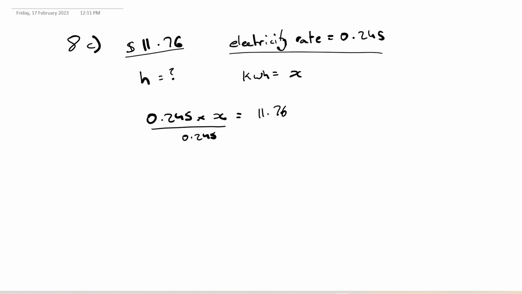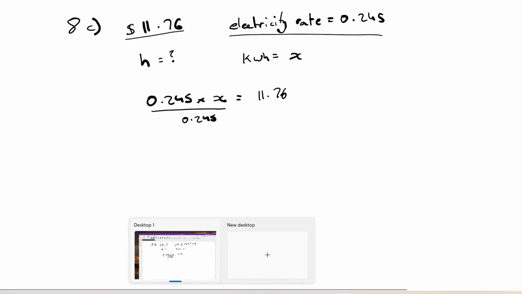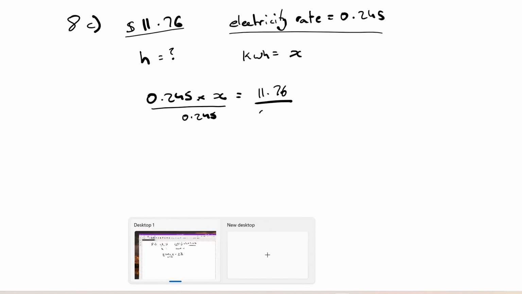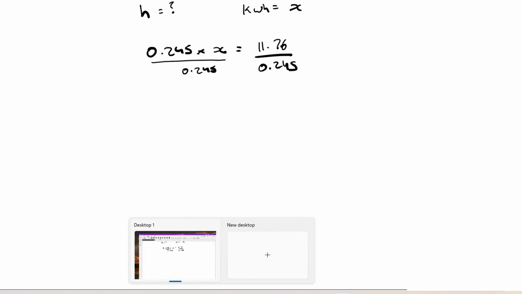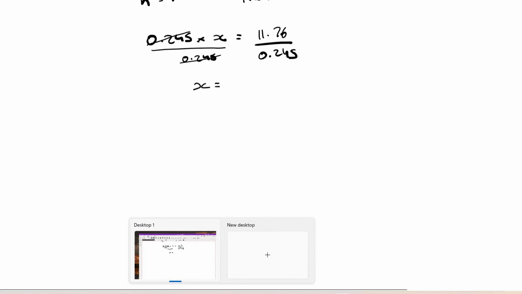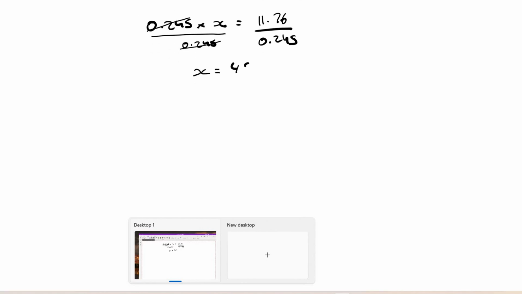The opposite of multiplication is division. So if we divide by 0.245 on this side, we have to divide by 0.245 on this side. So we can cancel these two things out, and we're left with X on this side, and then we do 11.76 divided by 0.245, which gives us 48. So we know that X is equal to 48.